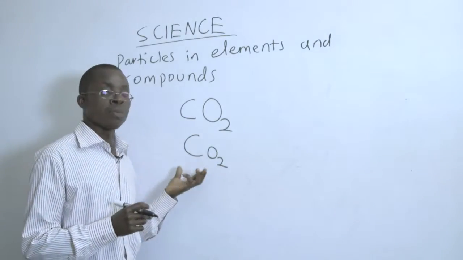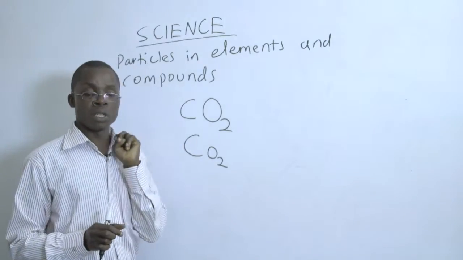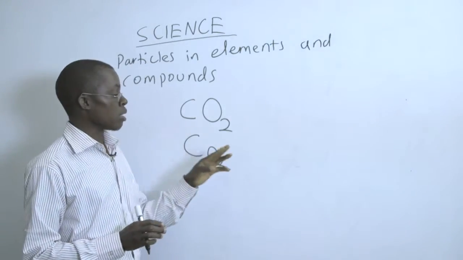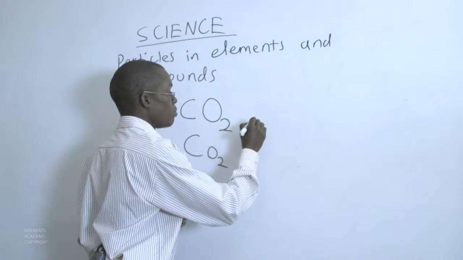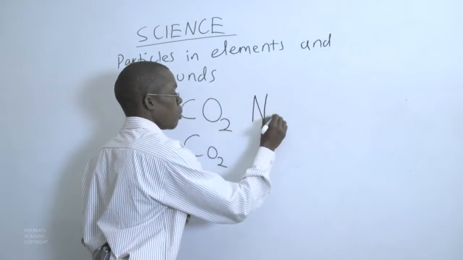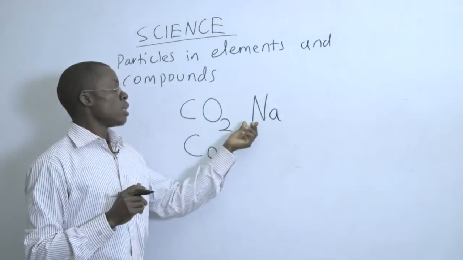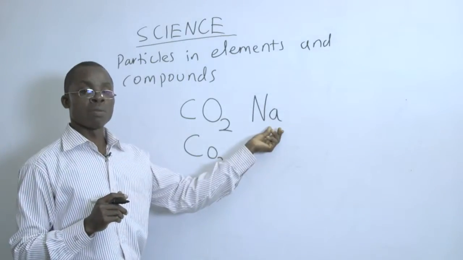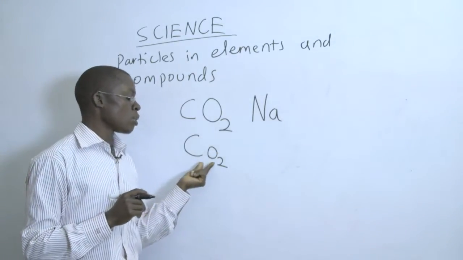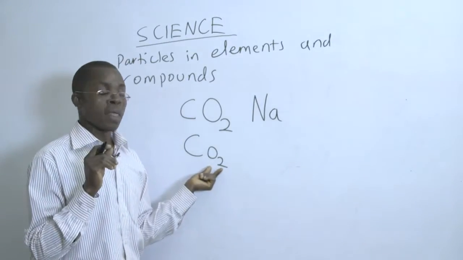This only happens when these 2 letters mean the same thing. For example, the case of chlorine, I can also add sodium, where the 2 letters stand for the same thing. N and A all stand for sodium, but here C and O do not stand for the same thing.